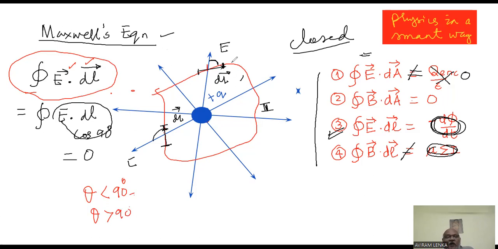So our common sense says, because it's a closed path, you start from any point, take any direction, clockwise or anti-clockwise. A lot of addition you have to do theoretically, but some E·dl will be positive, some E·dl will be negative, and they will cancel out; the result will still be zero. Did you get me or not?